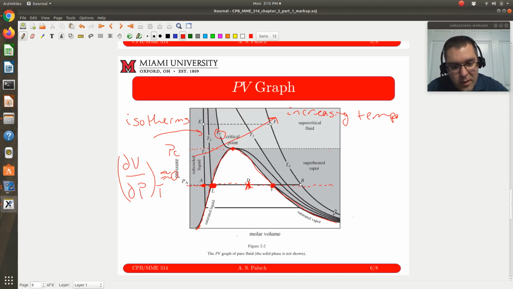If you look down here, in the limit that P goes to 0 or V goes to infinity, if you were to extend this diagram out far enough, you'd find that all of these converge at that common reference state. You already kind of see it here. So all fluids approach ideal gas behavior in the limit that P goes to 0 or V goes to infinity at constant temperature.